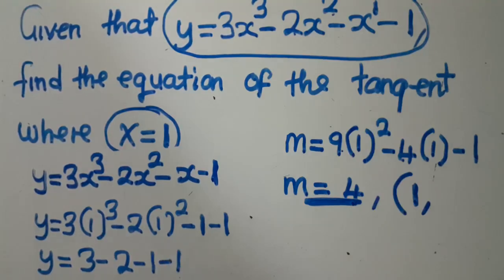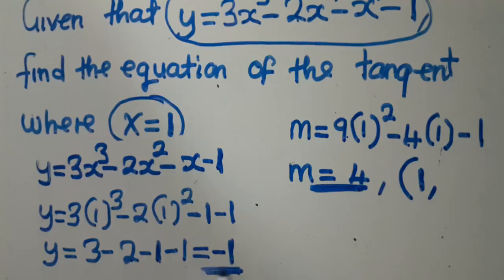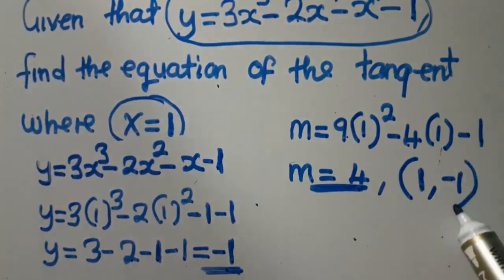So what is your answer here? 3 minus 2, that is 1. 1 minus 1, 0. 0 minus 1, it is negative 1. So the value of y is negative 1.